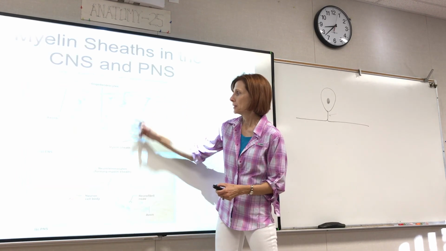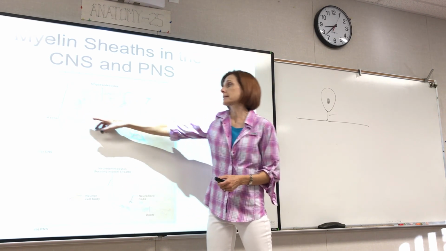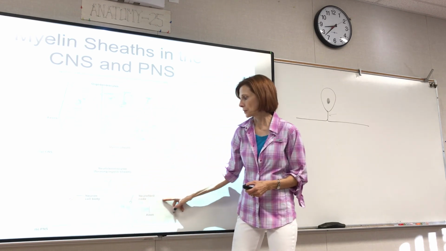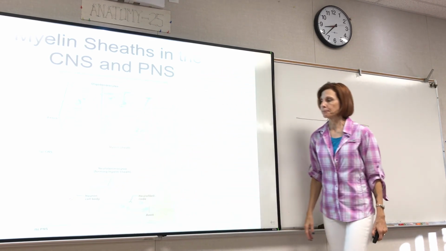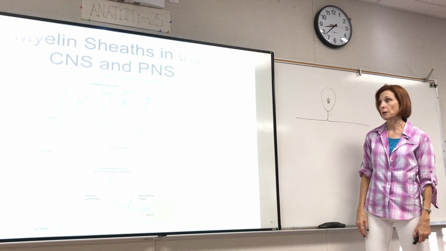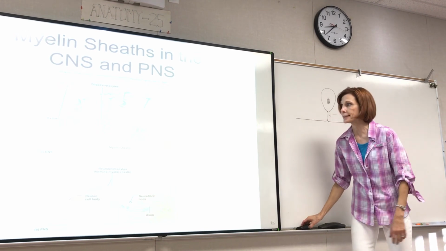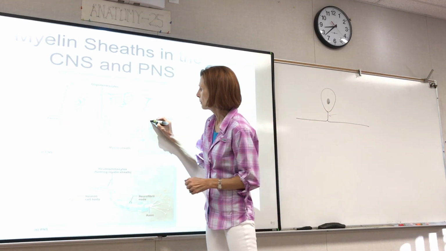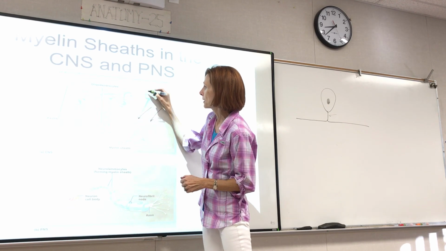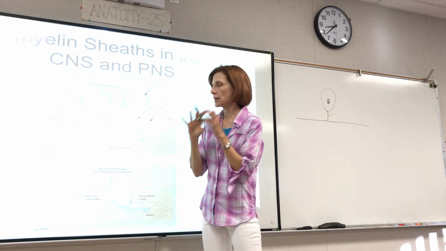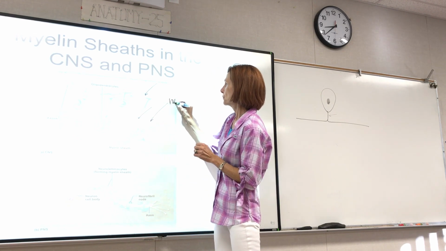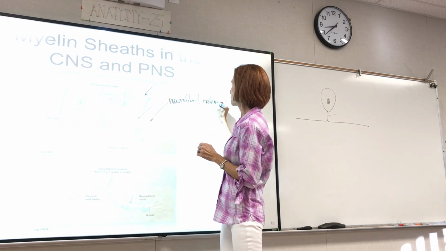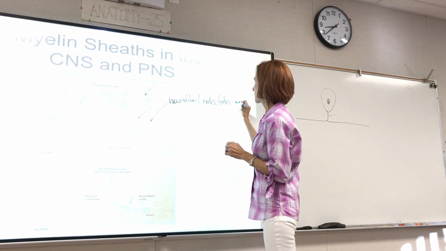And again, just to compare, this would be the myelinated axons in the central nervous system versus what it would look like in the peripheral. It's basically the same, just a different type of cell forms the myelin sheath. Now notice that in between these little sections of myelin, we have these spots where the axon is bare, where it's not covered with myelin. These are called neurofibril nodes, also referred to as the nodes of Ranvier.